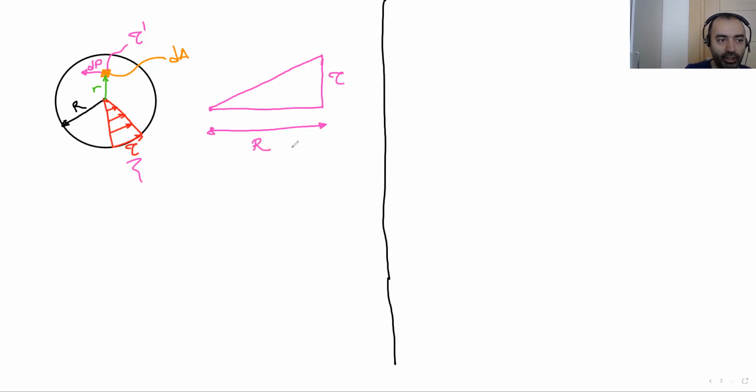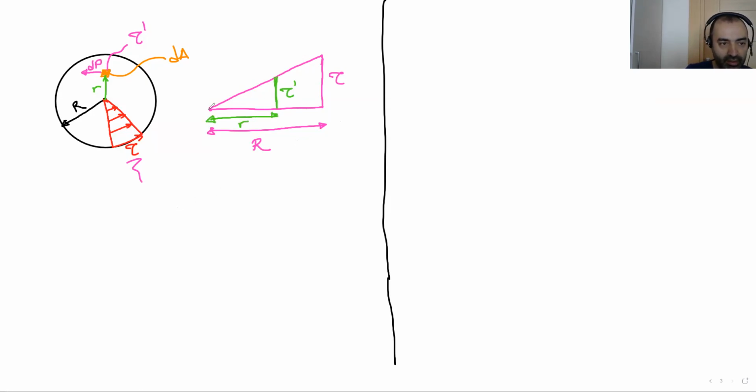Now, I'm looking for the stress on the orange area. Its radius is r, small r. So I'm looking for this tau prime, and its radius is r.